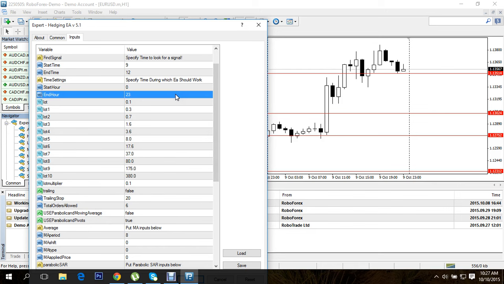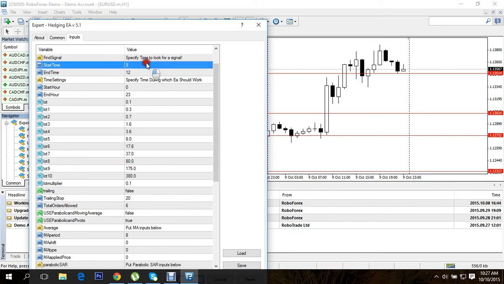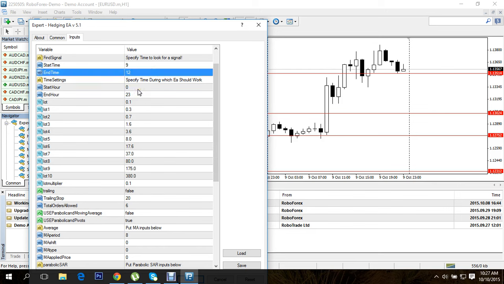When it places, let's say, a buy trade between these times, then it starts the hedging cycle. If the trade goes against you after 12 o'clock, then it will place another pending trade and keep on doing the hedging sequence until you finish in profit.